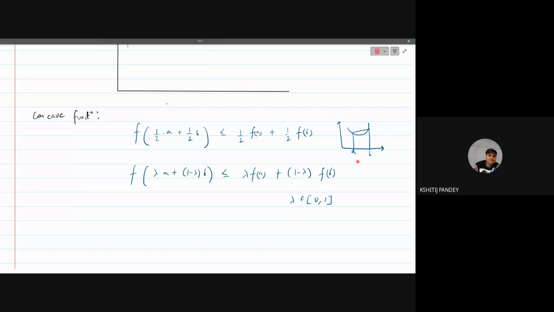Okay. So now we can extend the idea. Here you have just two points, a and b.